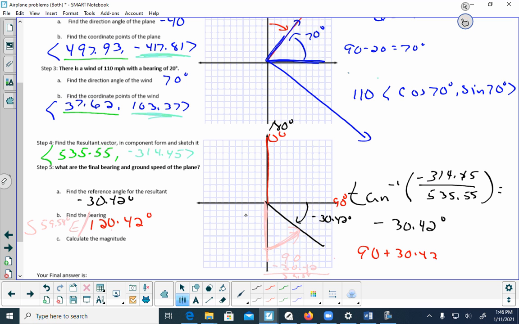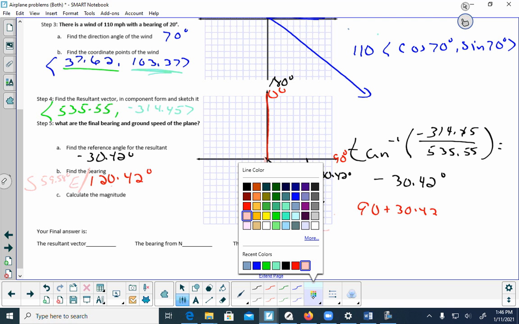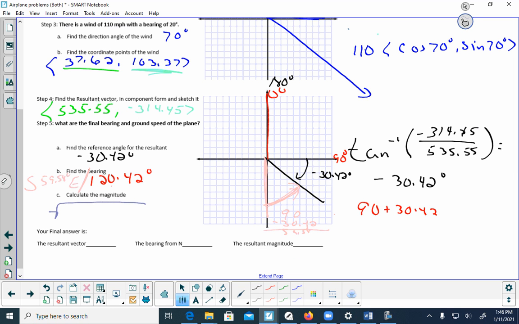Then calculate the magnitude. The magnitude is the speed of the plane. I am going to take the square root of my A, which is 535.55 squared, plus my B, which is negative 314.45 squared. Make sure you put that in parentheses if you're using that negative sign so you don't make a mistake.